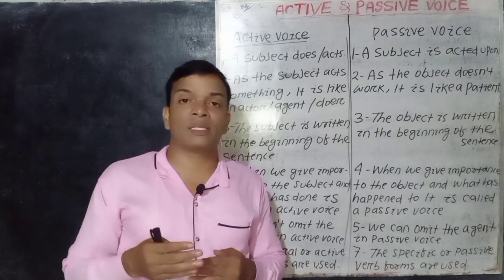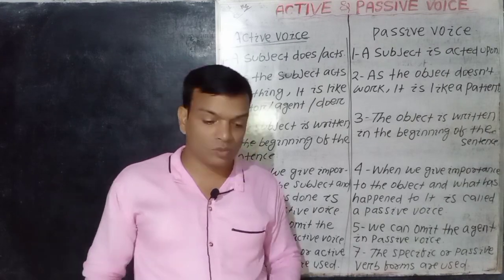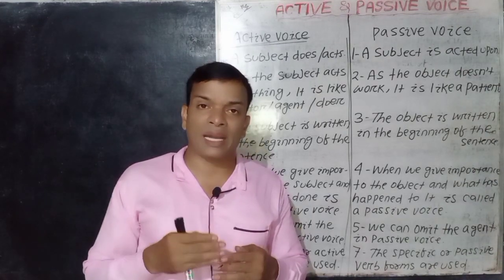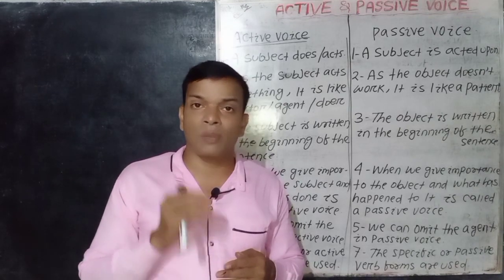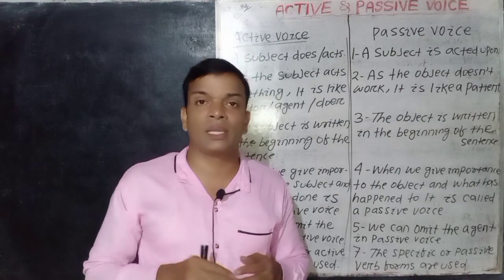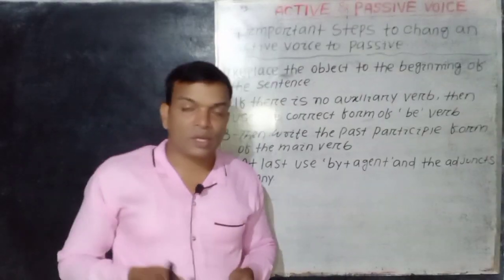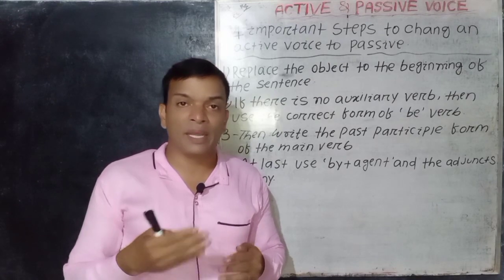So these are the differences between an active voice and a passive voice. When we change an active voice into passive, we should focus more on the verb forms, because the change of verb form is the most important thing in passive. Now let us see how to change an active voice into passive in a very easy way.